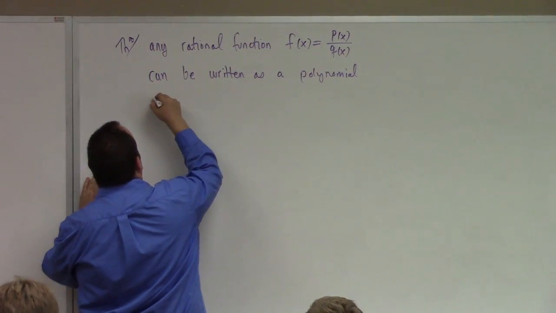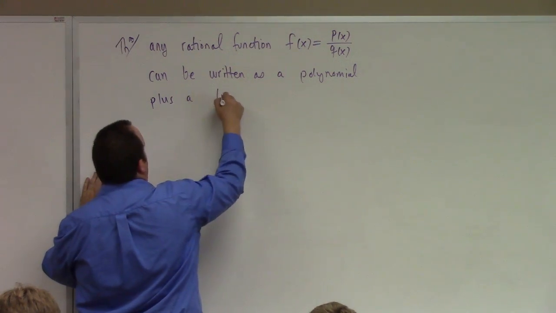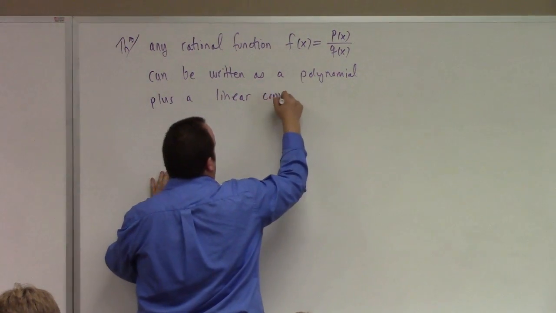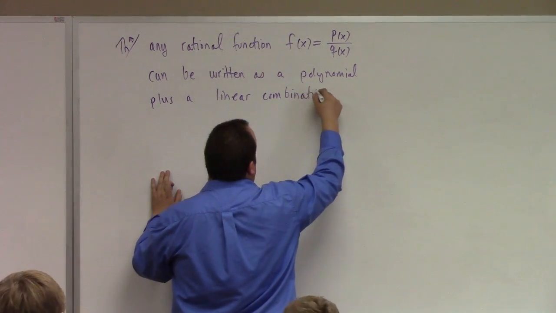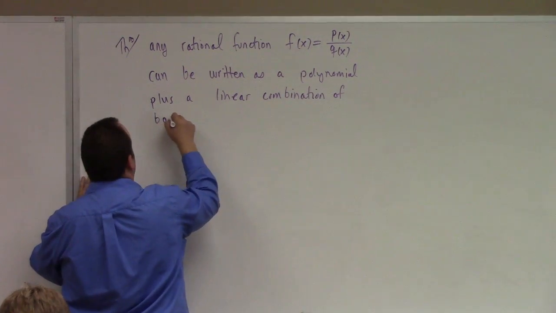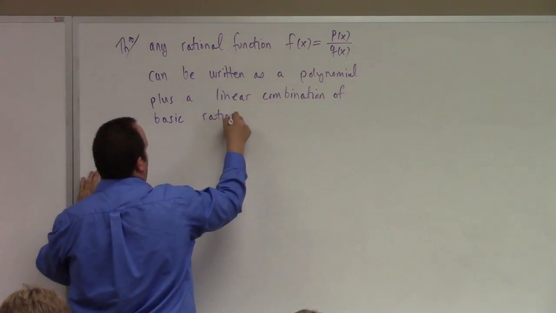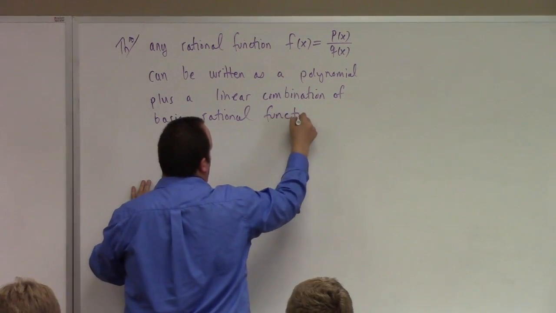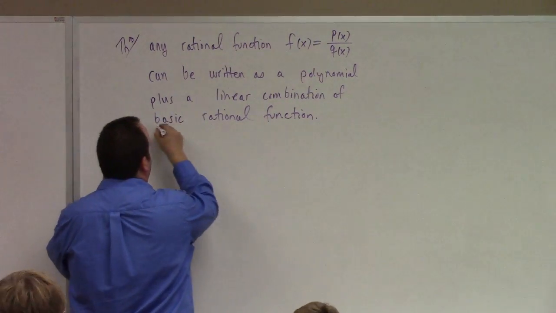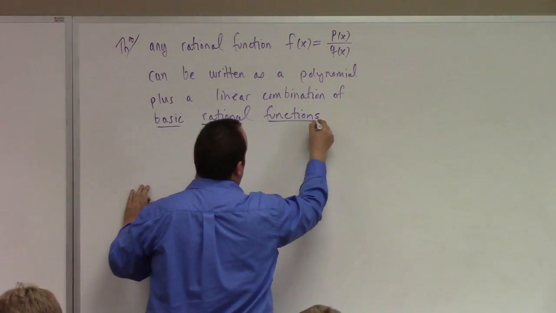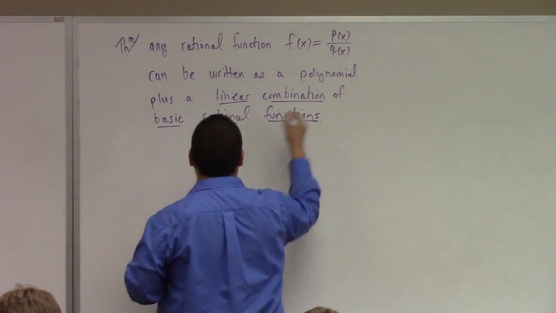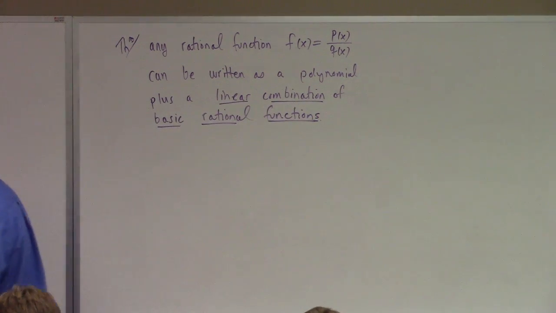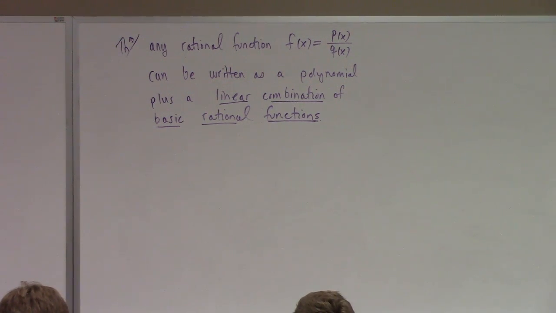As a polynomial plus a linear combination of basic rational functions. What does linear combination mean? What this means is you add things together, all right? But you're also allowed to multiply those things by numbers as you make the addition.